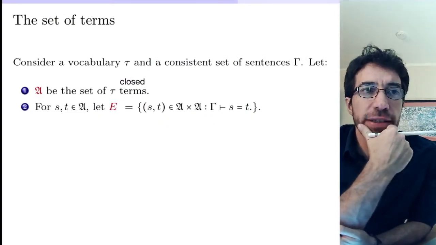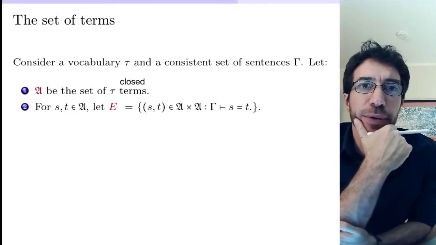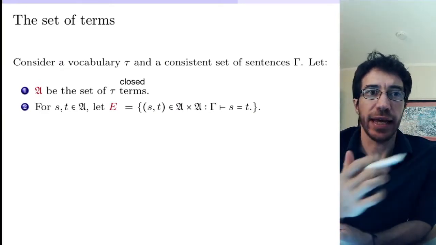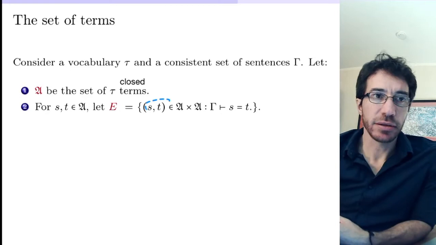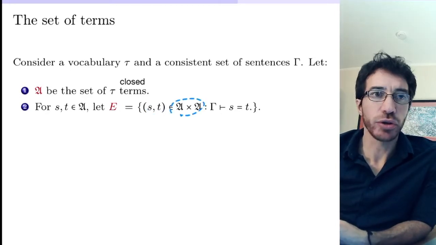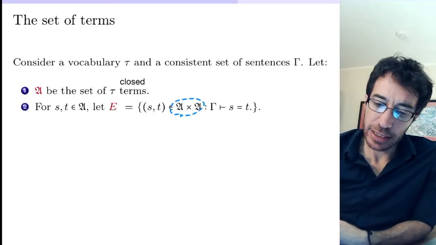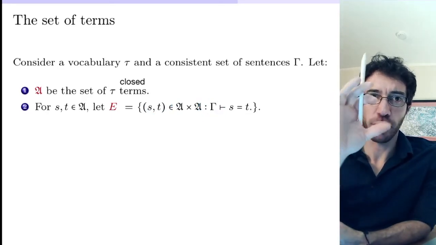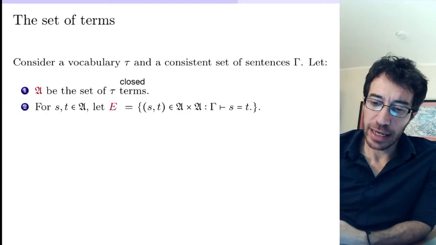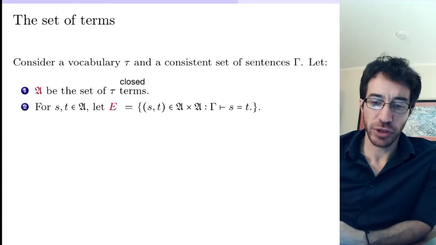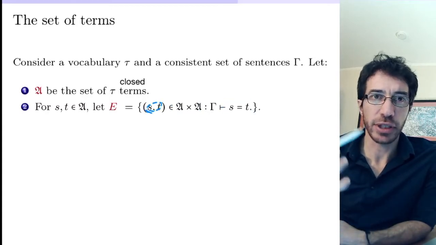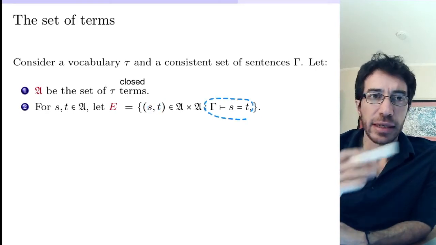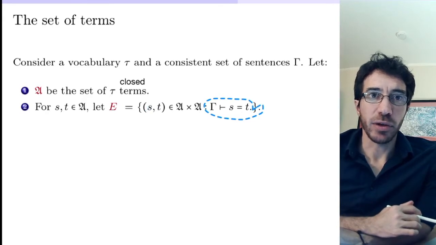Then we are going to consider this thing. E is going to be a binary relation on this set A. It's going to be the set of pairs of closed terms S and T such that gamma can prove, formally, with a formal deduction, that one term is equal to the other. Okay, so these S and T are also strings of symbols, they are terms, and we just consider the pairs such that gamma can prove that they are equal.